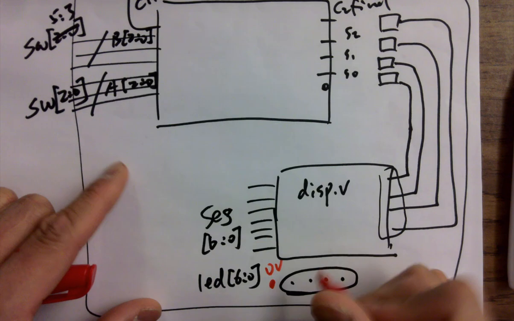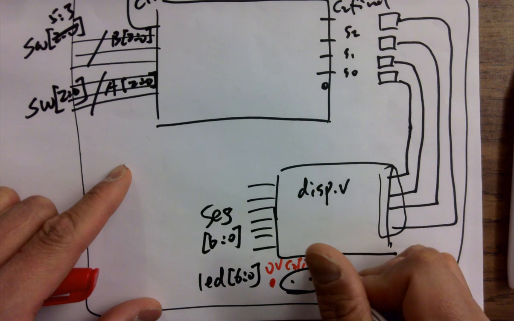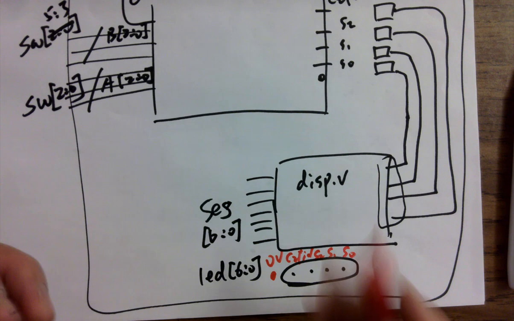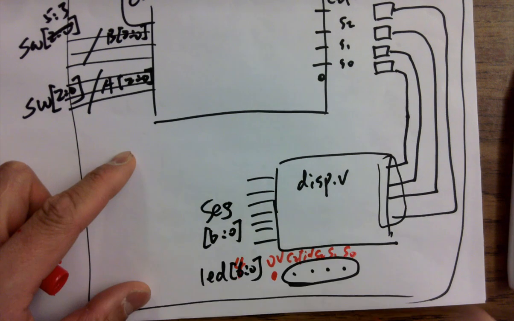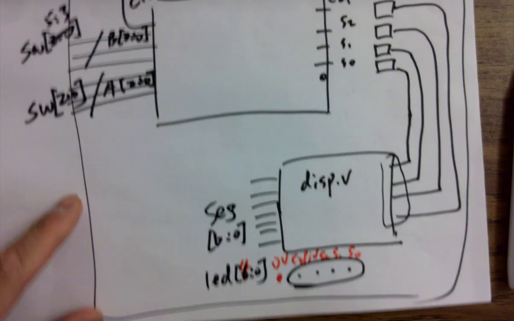That's the overflow bit, and these are the C2 final and S2, S1, S0 for the LEDs. So you need actually 5. So 5 is going to be 4 to 0, right? So only 5 LEDs. So it's going to be the LEDs over here from the FPGA top.